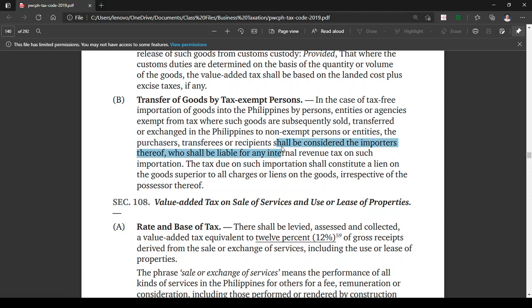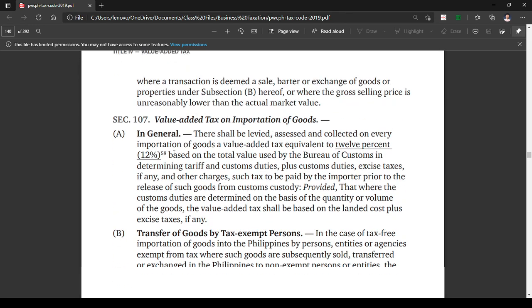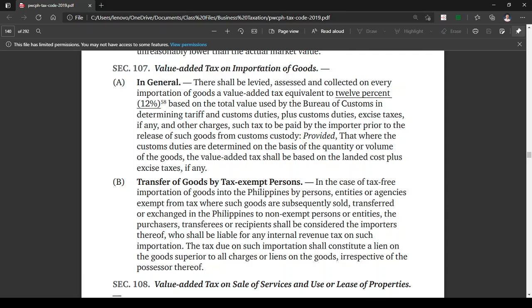Okay. So yung VAT on importation of goods dito, ang magbabayad or yung magiging liable is si letter B. Okay, so siya yung mako-consider na importer dito sa transaction. Kahit na si letter A yung mismong nag-import, si letter B ang i-consider na importer kasi si letter A is tax exempt.